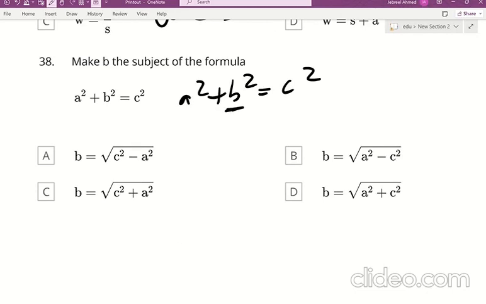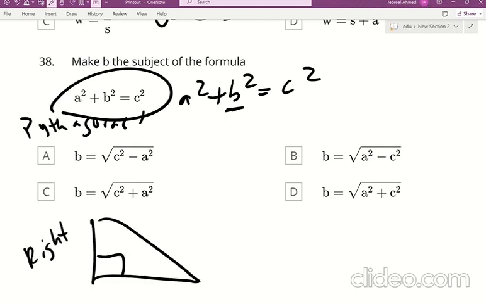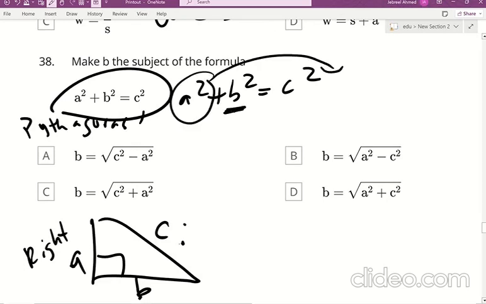I want b by itself. You guys should know this is Pythagoras' theorem. If you don't remember, we use this when we have a right triangle and we have a and b and we want c, or we have a and c and we want b. I want b to be the subject of the formula, so I take this a squared and I move it here.